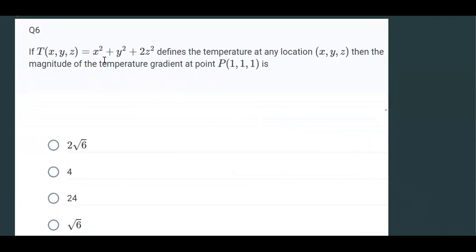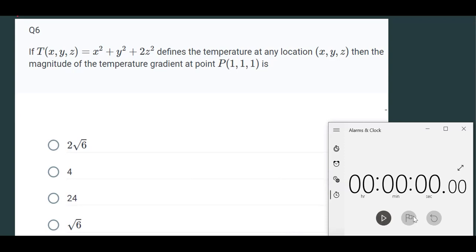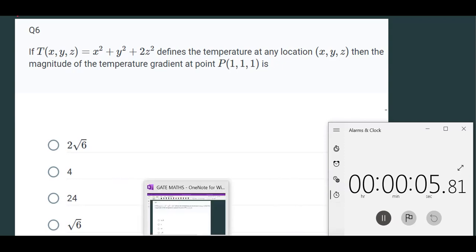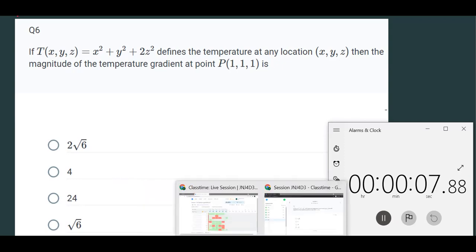So T of x comma y comma z is temperature, x square plus y square plus 2z square, temperature at any location. Now find the magnitude of the temperature gradient at 1 comma 1 comma 1. This is an easy question. In 2.5 minutes, you should be able to do it. Less than 1 minute, in fact. But for practice sake, I'm just giving.